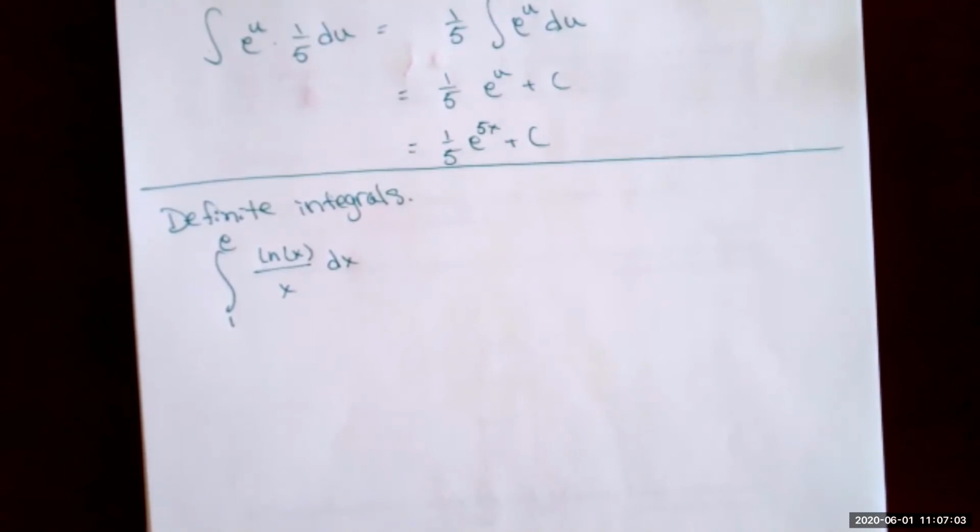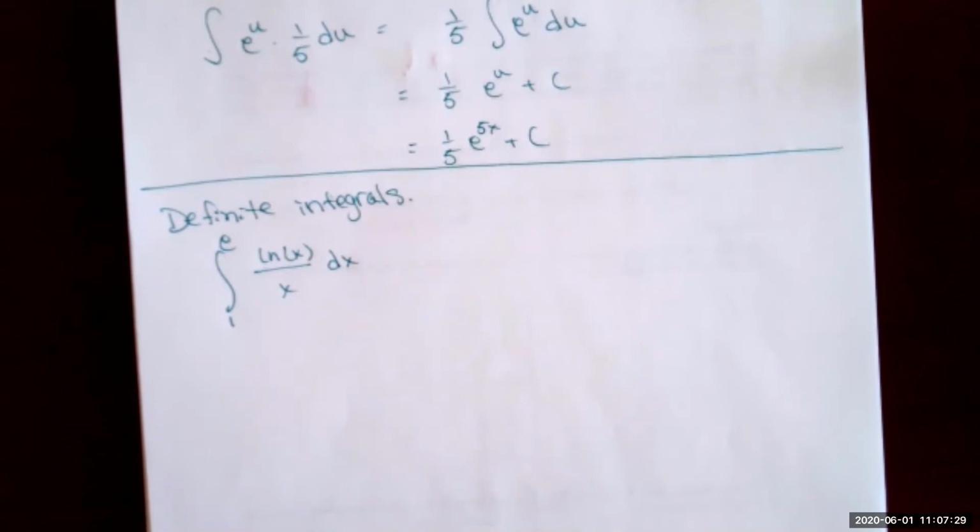So this one can be a little tricky because there's not really a nested function. There's not this composition of functions. Really, the only functions involved are natural log of x and x. So natural log of x is kind of a pain. It's actually one of the harder ones to integrate. We're not going to be able to integrate it until tomorrow, once we start integration by parts.